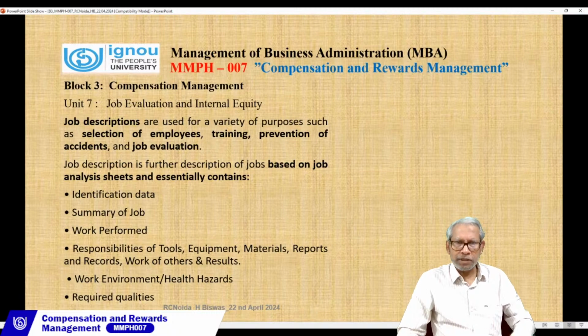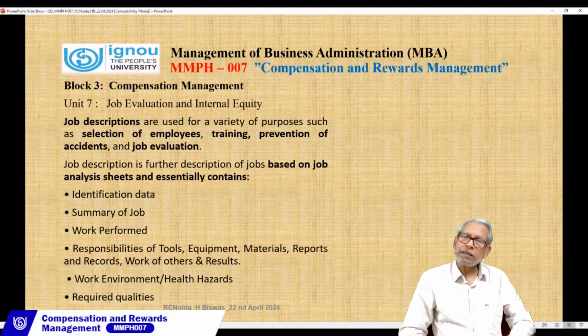Job description is a further detailed description of the job based on the job analysis sheets and essentially contains the identification data, then summary of the job, work performed, then the responsibilities for the tools, equipment, materials, reports and records, work of others and the results, then work environment, for the health hazards.